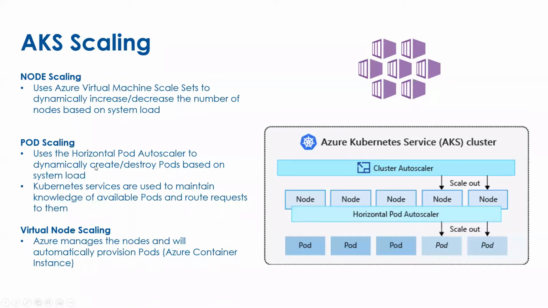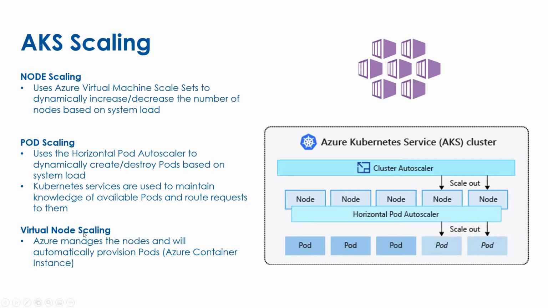And then pod scaling uses the horizontal pod autoscaler to dynamically create and destroy pods. So you can have multiple instances of your application running, and it will automatically create and destroy pods based on the required system load.